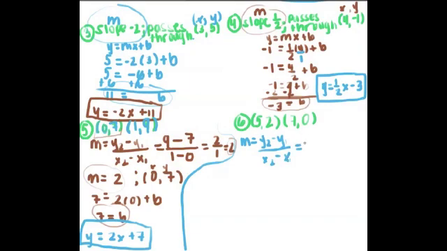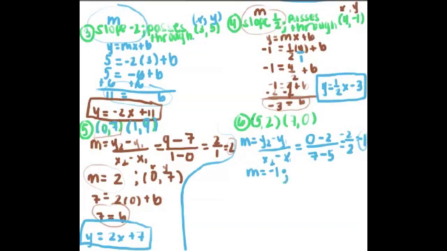So I go 0 minus 2 over 7 minus 5, reduce, so 0 minus 2 is negative 2. On the bottom I have 7 minus 5 is positive 2. Negative 2 divided by 2 is going to reduce to what? Negative 1.